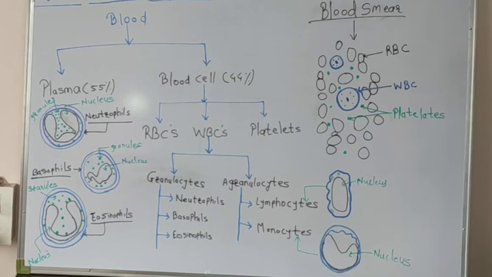And when blood hemorrhage occurs, the platelets secrete platelet factors, and these platelet factors are very important in blood clotting. And when blood clotting doesn't occur, internal bleeding and blood hemorrhage start, and blood is lost in a very large amount.